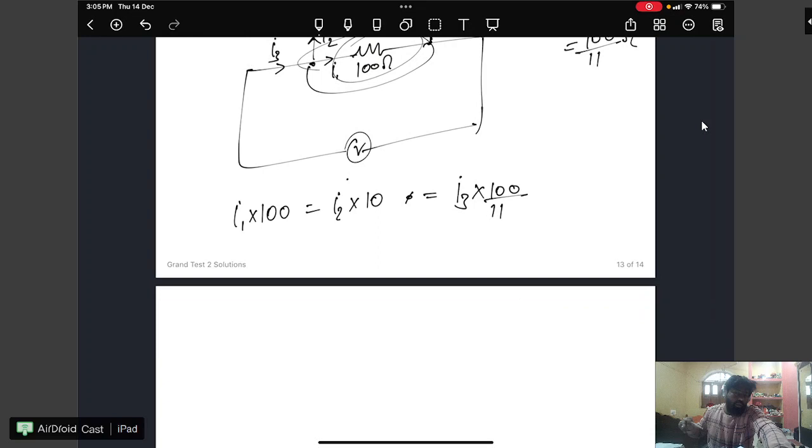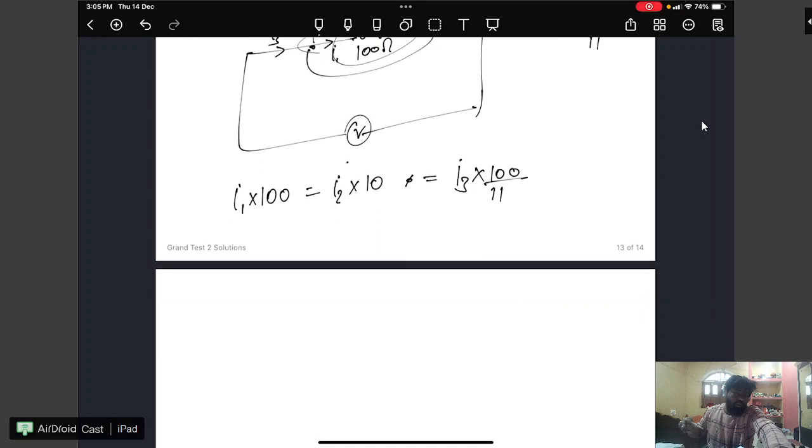So I1 by I2 is 10 by 100, 1 is to 10, and this total divided by I3, 100 by 11.